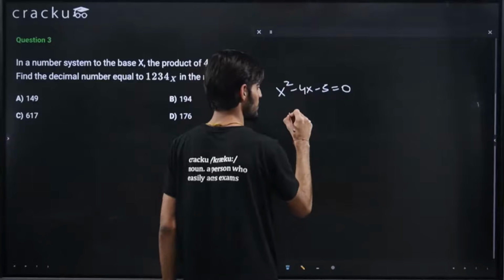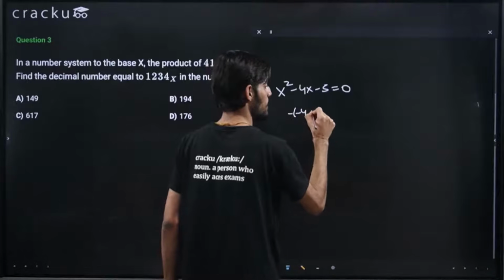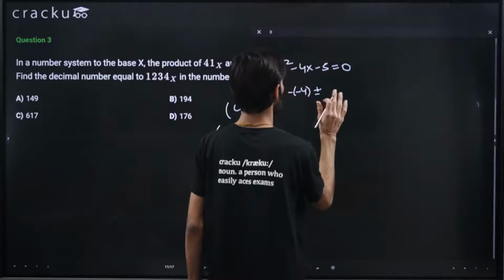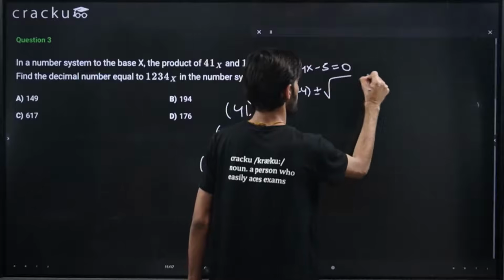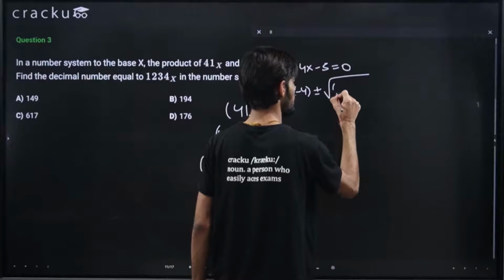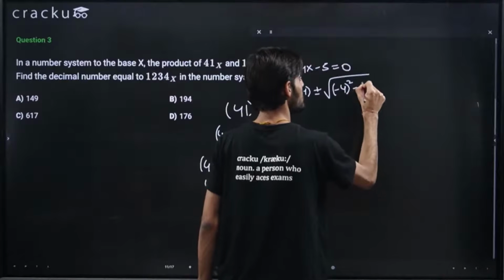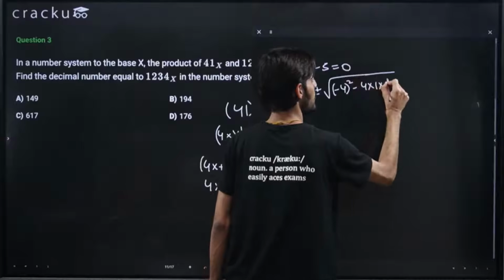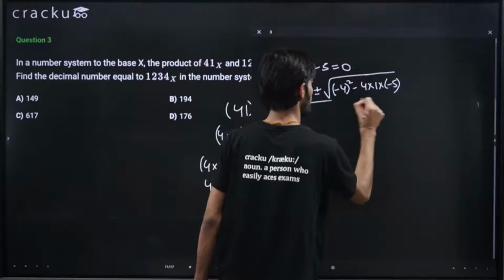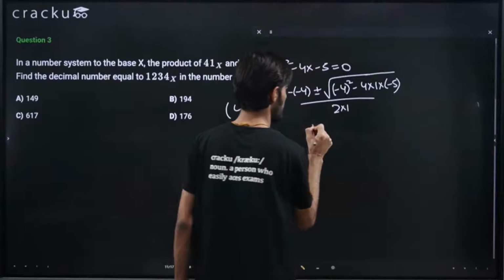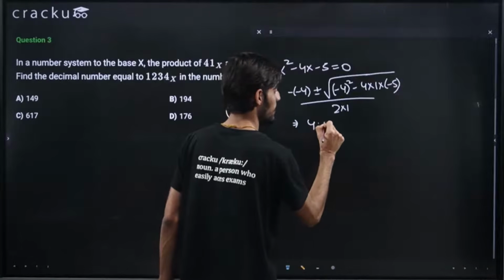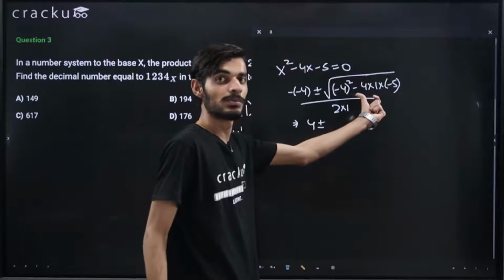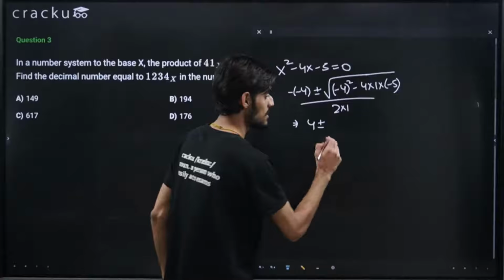Okay, that is minus b plus minus under root b square, that is minus 4 square, minus 4 into a, that is 1, c is minus 5, divided by 2a. A is of course 1. So this will be 4 plus minus, this is 16 and 5 into 4 is 20 and minus will be plus, so 20 plus 16 will be 36.